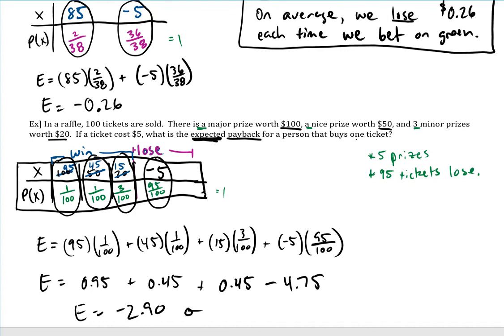Each ticket gives us an expected payback of negative $2.90. Let me word that a little better. We are expected to lose $2.90 on each ticket.